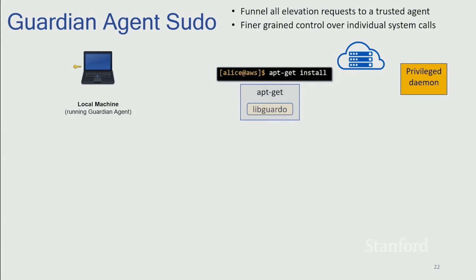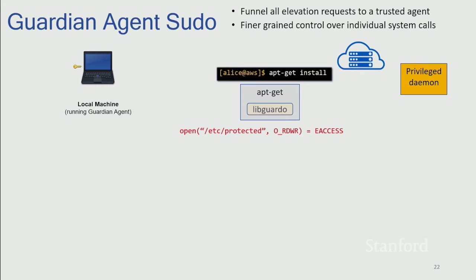So when the apt-get process is going to do some operation which requires those extra privileges, the one that we originally needed sudo for, then obviously this operation is going to fail. For example, in this case, it's going to try and open some protected file which you cannot write as an unprivileged user, and the operating system is going to tell the process, well, you can't do that. Access is denied.